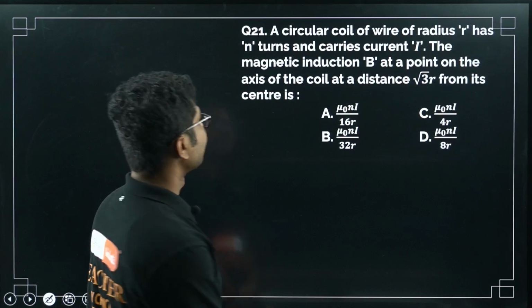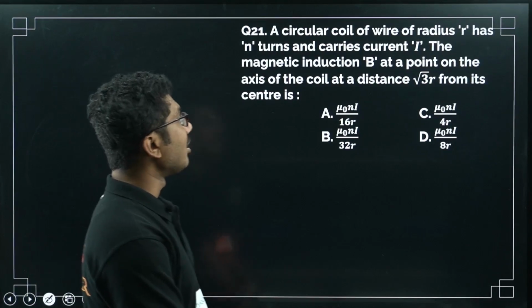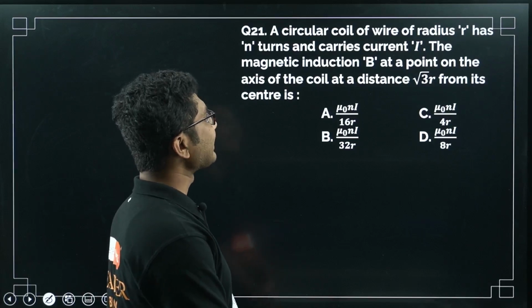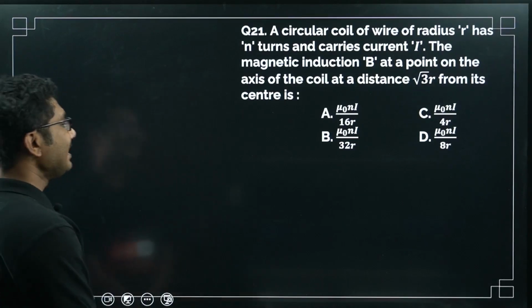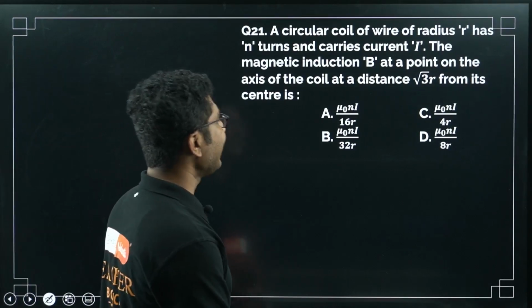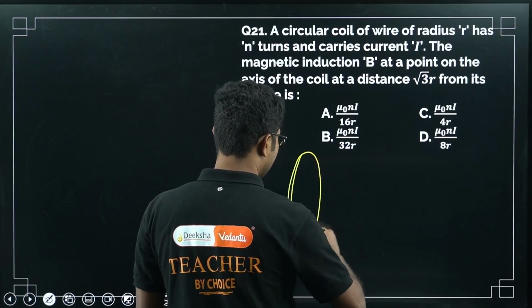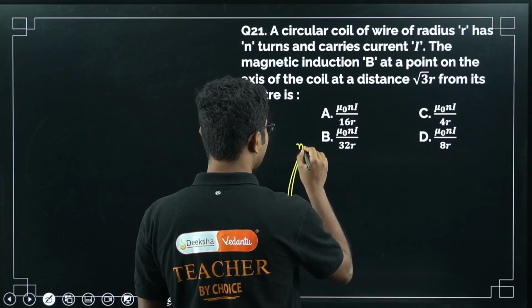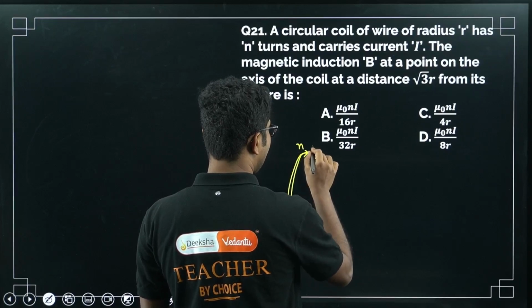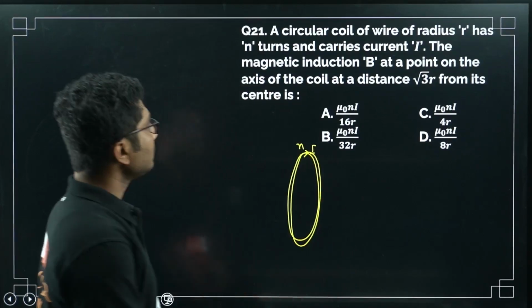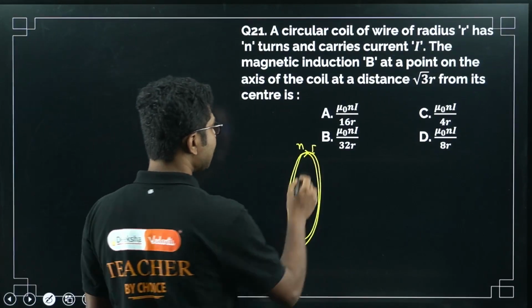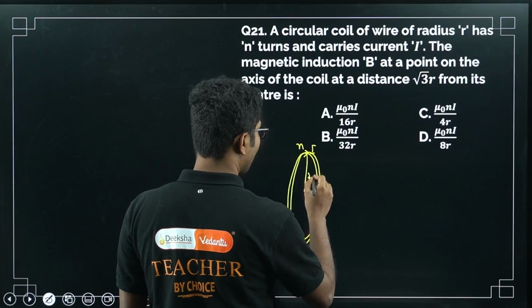So let's see. A circular coil of wire of radius r has n turns and carries a current I. So what is the question? We have a circular coil of some n number of turns, each turn carrying a current I, and it has a radius r, radius small r.